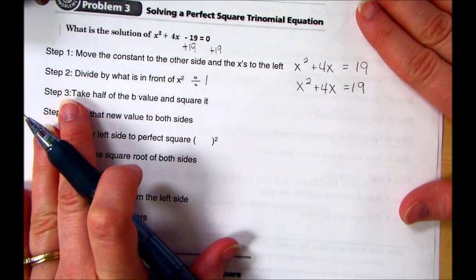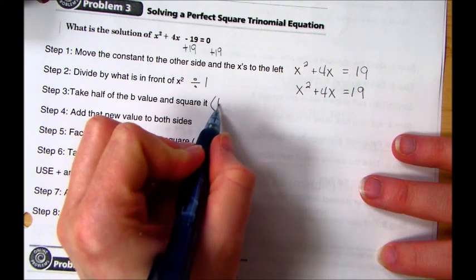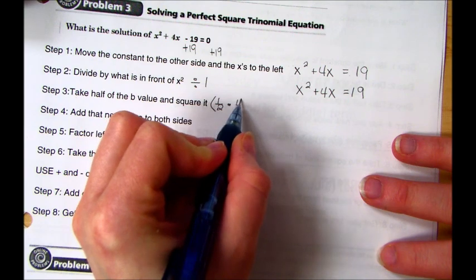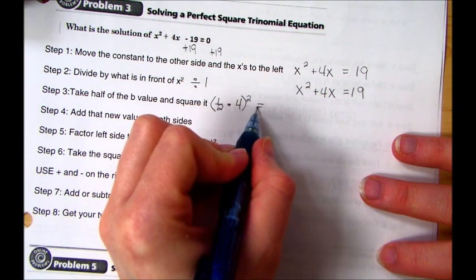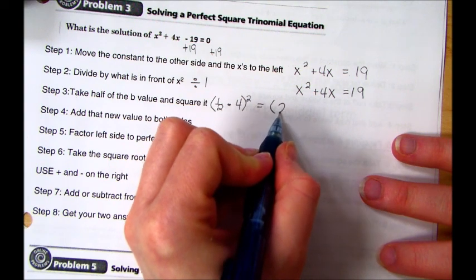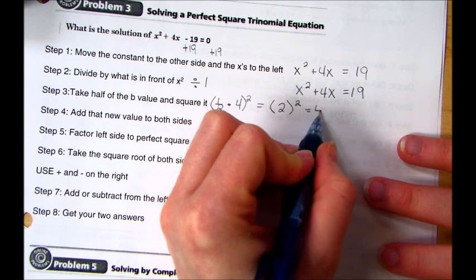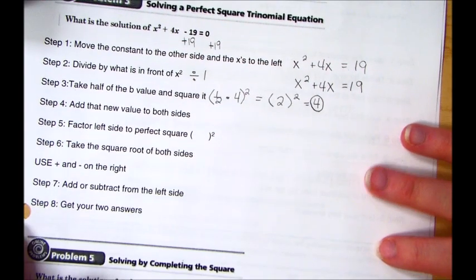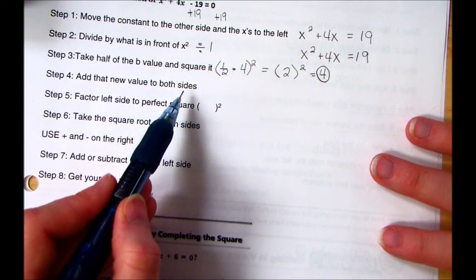Step 3. It's time to complete the square. So in this problem, we have to take 1/2 of the middle value, which is b, and we square it. That gives us 1/2 of 4 is 2, and we square that. That gives us 4. Hold on to this number because we're going to use it in the next step. Step 4, add that new value to both sides.